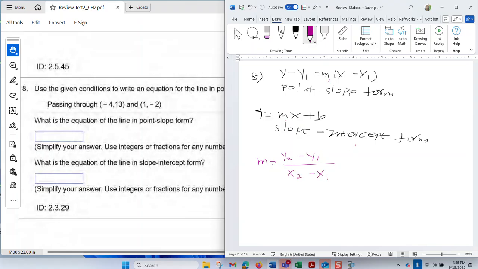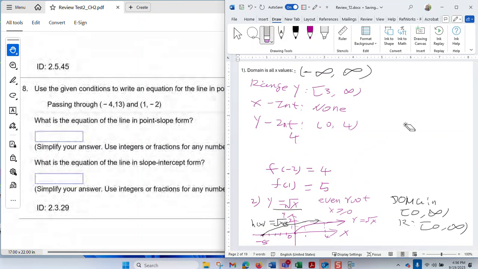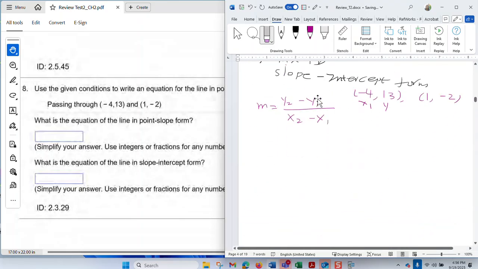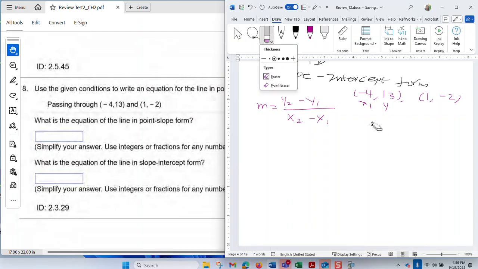I have -4, 13, and I have 1 and -2. I can mark this one as x1, y1, or I can do it the other way. I usually like the small number as the first one, but it doesn't matter which one you make x1, y1.